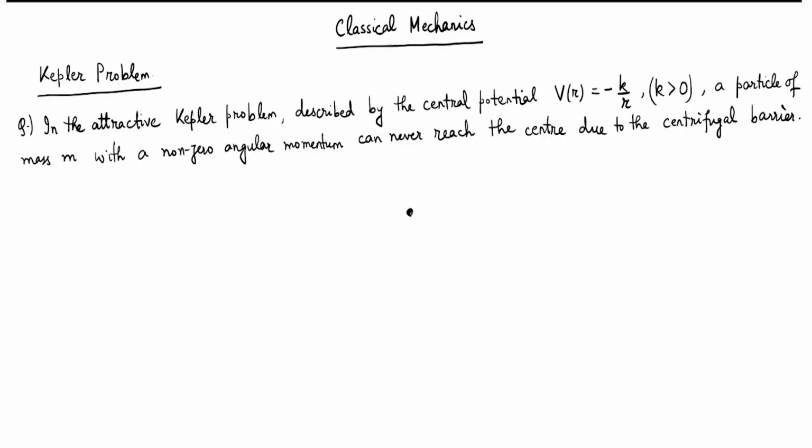Let's say this is a star and this is a planet which is orbiting around the star, or it's a gravitating body.